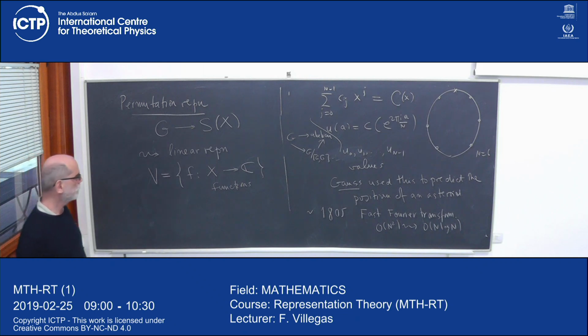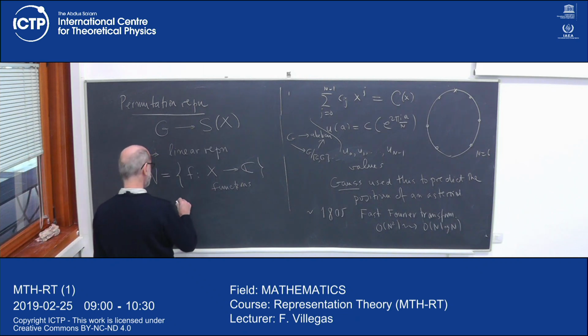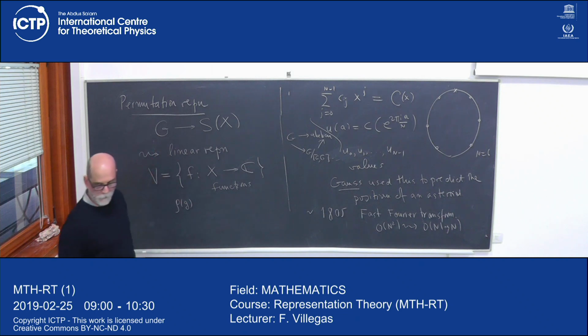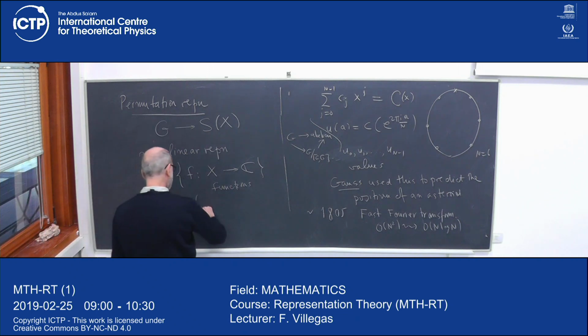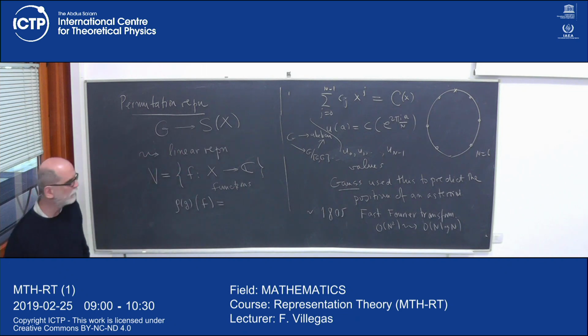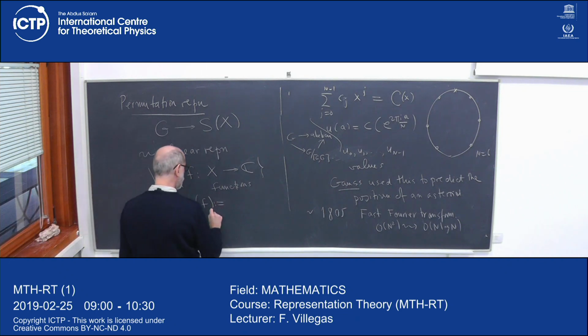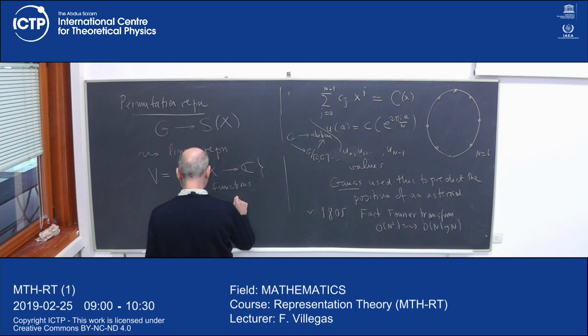Okay, and this is worth pondering. I'm going to define rho of G. This will be a linear map on this vector space, so it will act on functions. If I give you a function f, I have to tell you what new function you get. And the new function will be f of G inverse x.